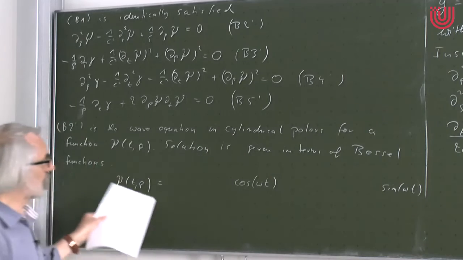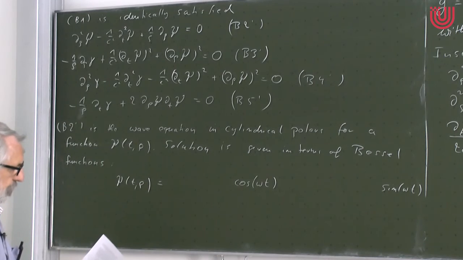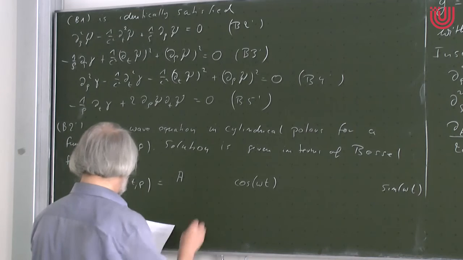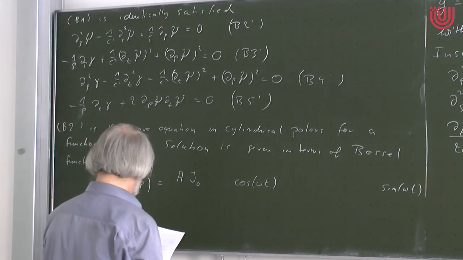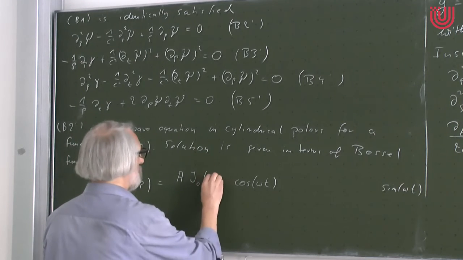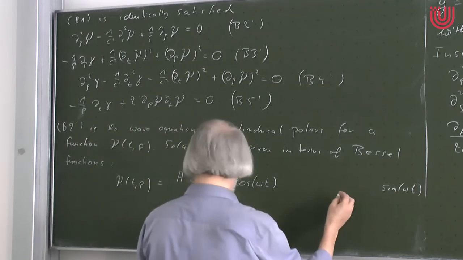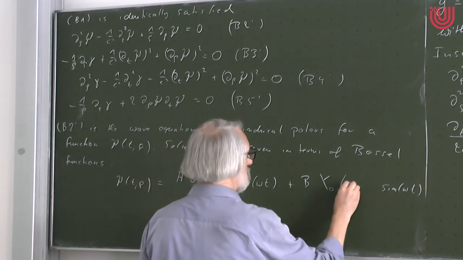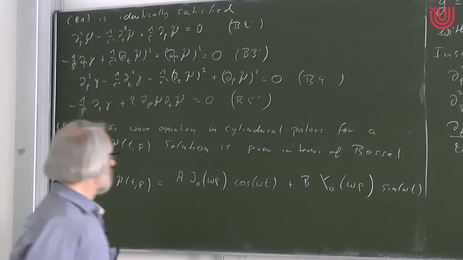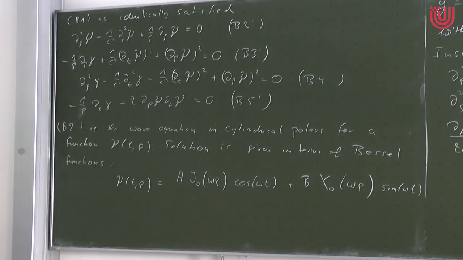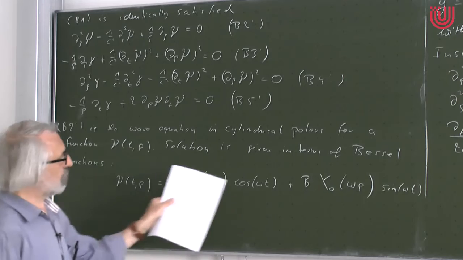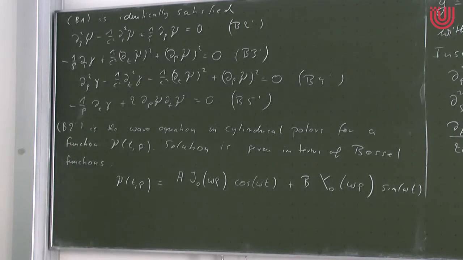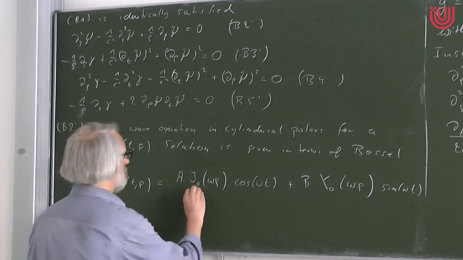And then in front of this you get the Bessel function: an arbitrary coefficient a, the J naught of omega rho, and here you have the Y naught of omega times rho. So this is the general form of the solution. There are arbitrary coefficients, and if you want to have real solutions, they have to be real. And these are the Bessel functions.